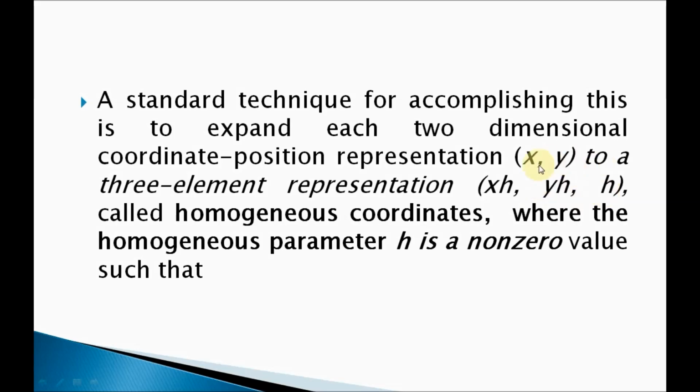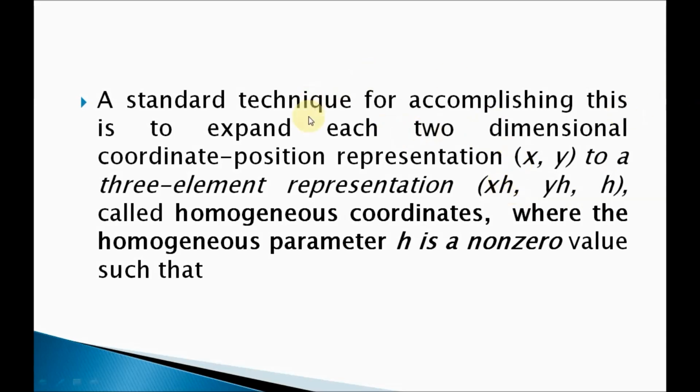Here there were 2 elements, but this is a 3 element representation. Here h is a homogeneous coordinate. I will take an example and you will understand.